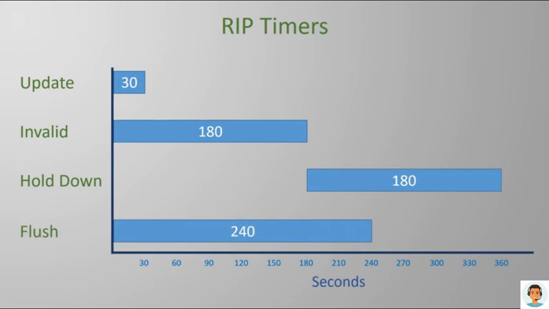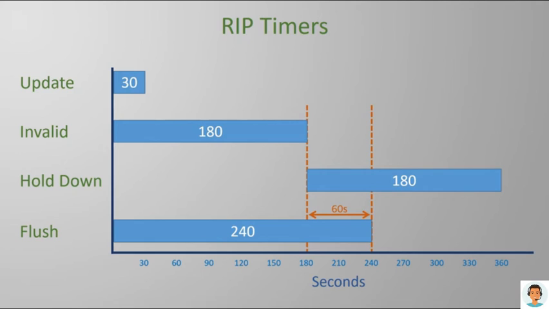And the final timer is the flush timer. This begins at the same time as the invalid timer, but it counts up a lot higher. It also resets when new updates come in as well. By default, this is 60 seconds longer than the invalid timer. This means that for this 60-second overlap, the router will advertise that the route is invalid to its neighbors.